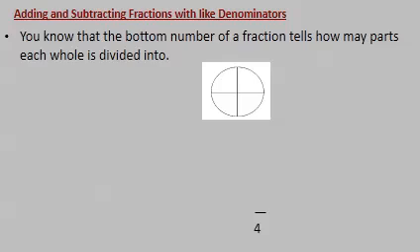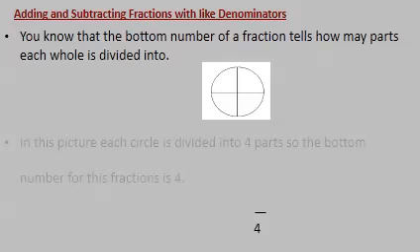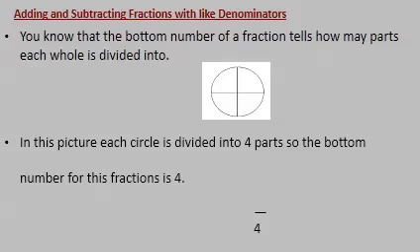First of all, let us start to learn adding and subtracting fractions with like denominators. First, you know that the bottom number of a fraction tells how many parts each whole is divided into. So if you look at this figure, we have a circle and it's divided into 4 parts. So the bottom number for this fraction is 4.